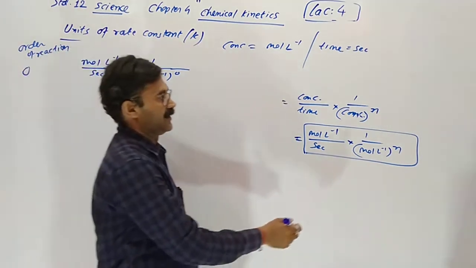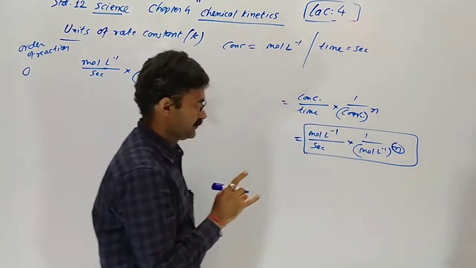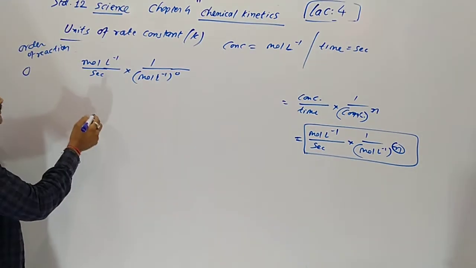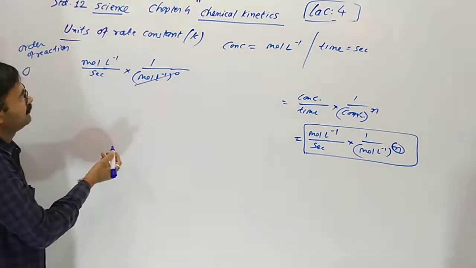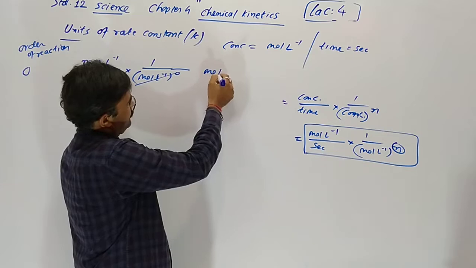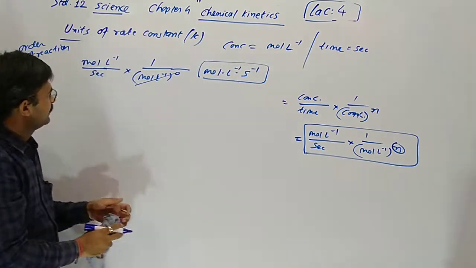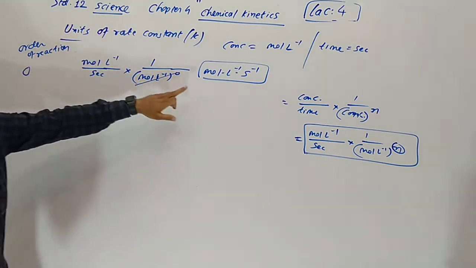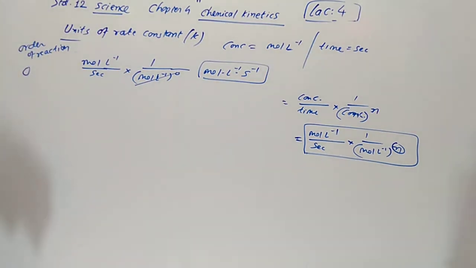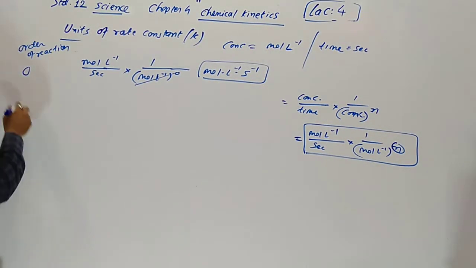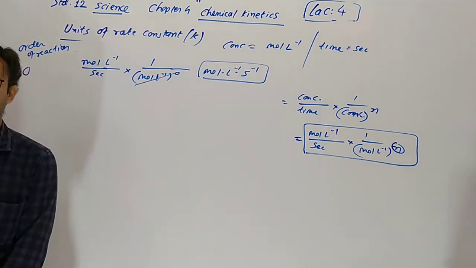Any value raised to 0 is 1. So the unit is mole per liter, second comes from downward to upward. It became -1. So the unit of K for zero order reaction is mole per liter per second.